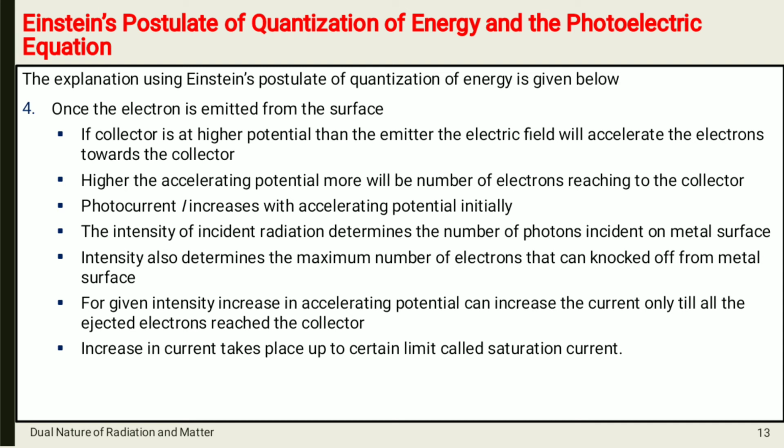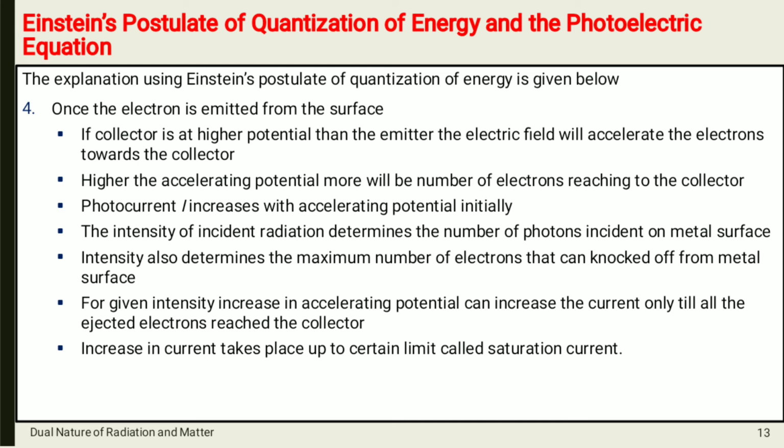The intensity of incident radiation determines the number of photons incident on the metal surface. Intensity also determines the maximum number of electrons that can knock off from the metal surface. This we have seen in your third point.